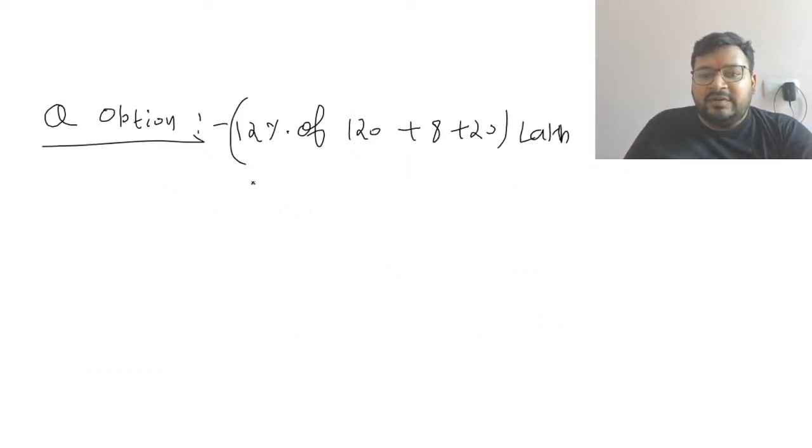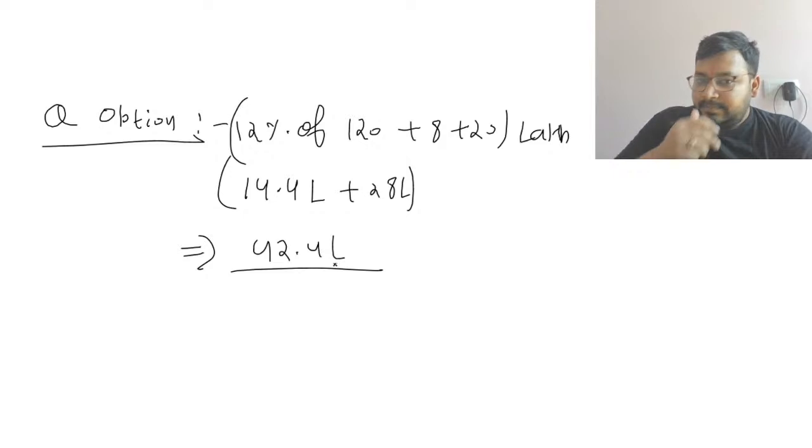So 12 12s are 144, 14.4 lakh, plus 28, that is 42.4 lakh, guys. It's 42.4 lakh.